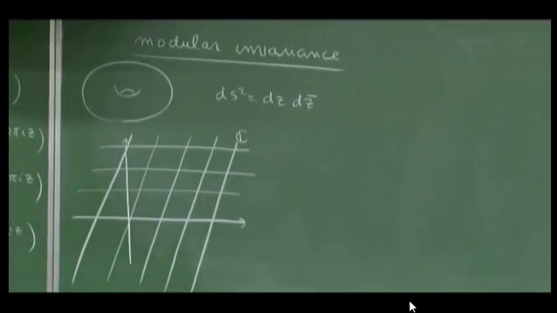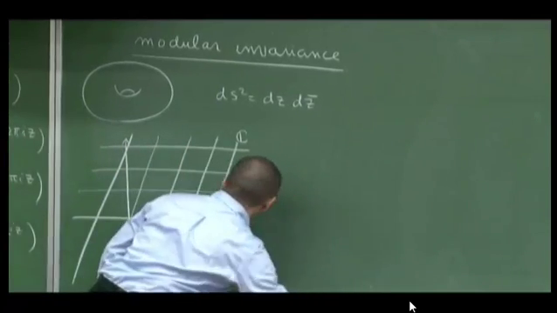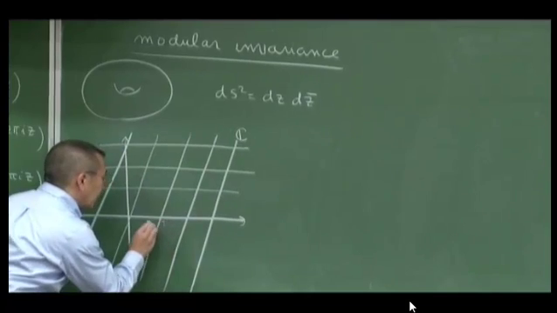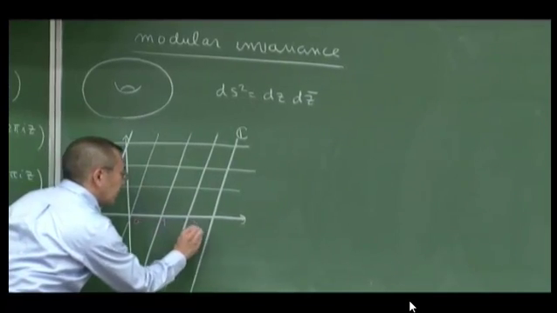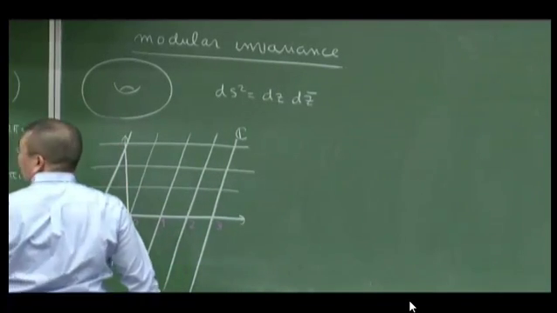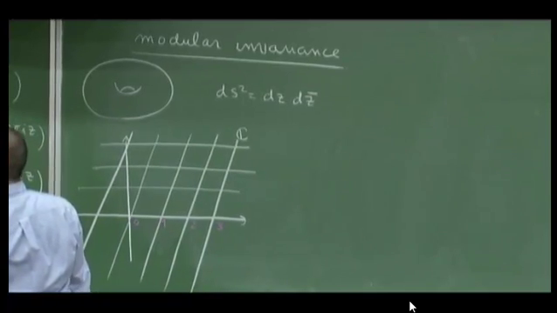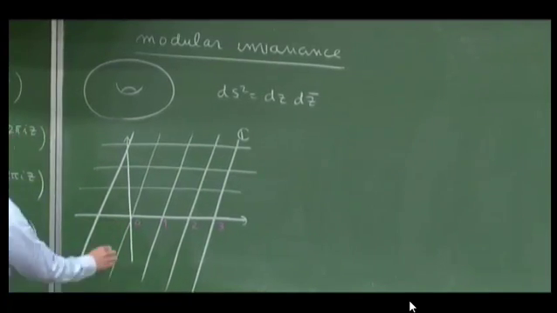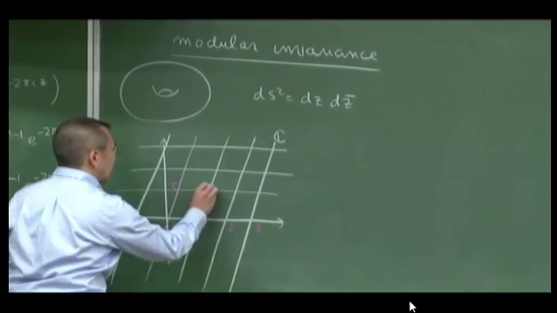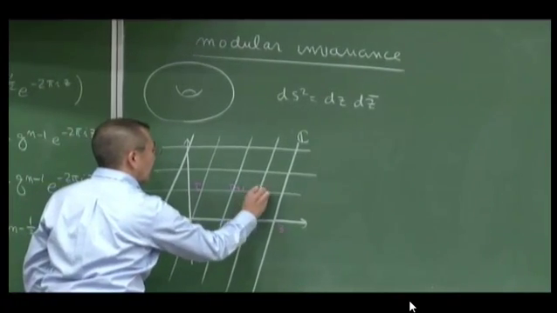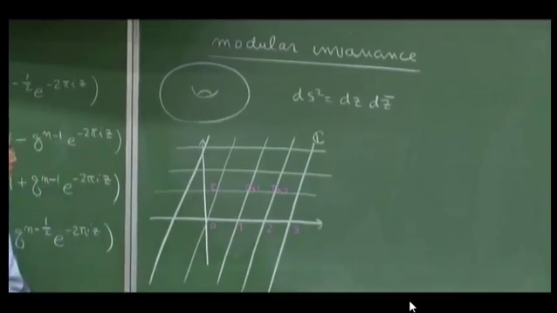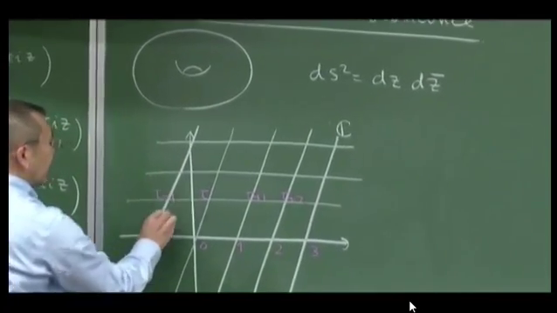Okay, so let me try to explain what this is. So this point is 1, this is 0, this is 2, this is 3. Can you read that? Can you read that on the Caltech side? Okay? Yes. Good. So this is tau plus 1, this is tau plus 2, etc. This is tau minus 1.